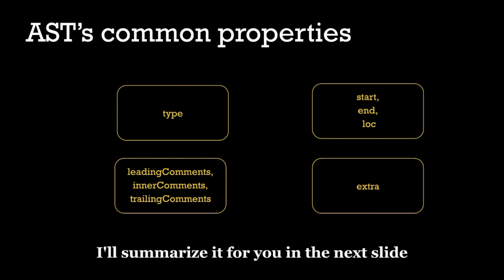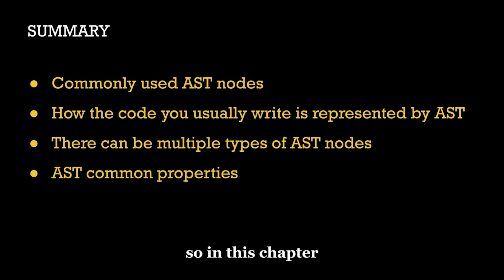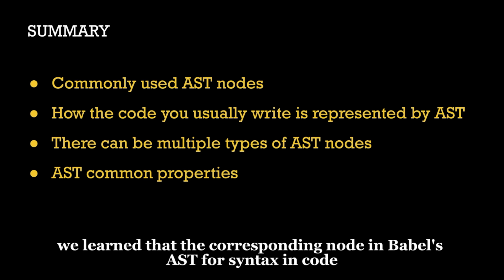I'll summarize it for you in the next slide. So in this chapter, we learned the corresponding nodes in Babel's AST for syntax in code.